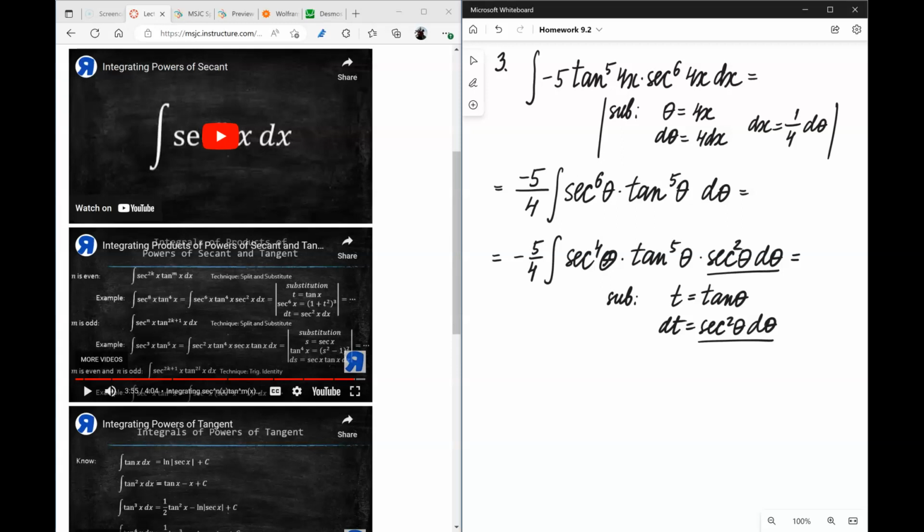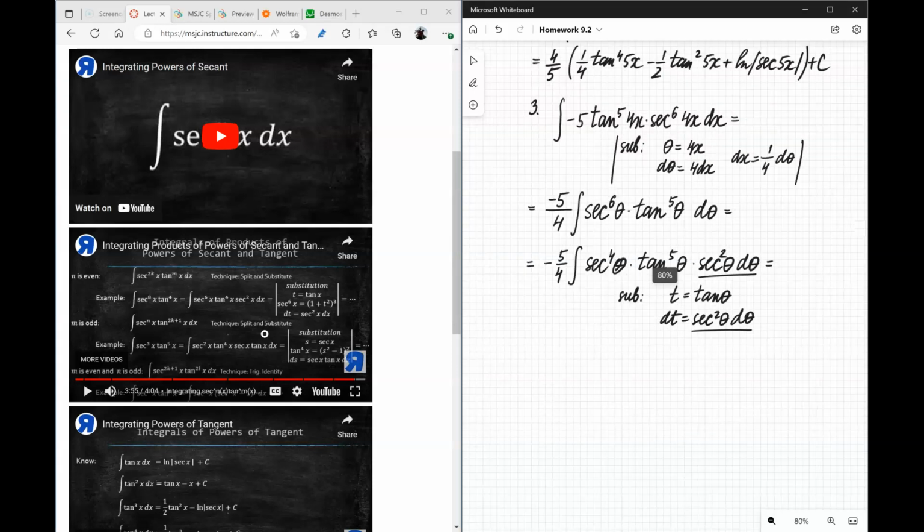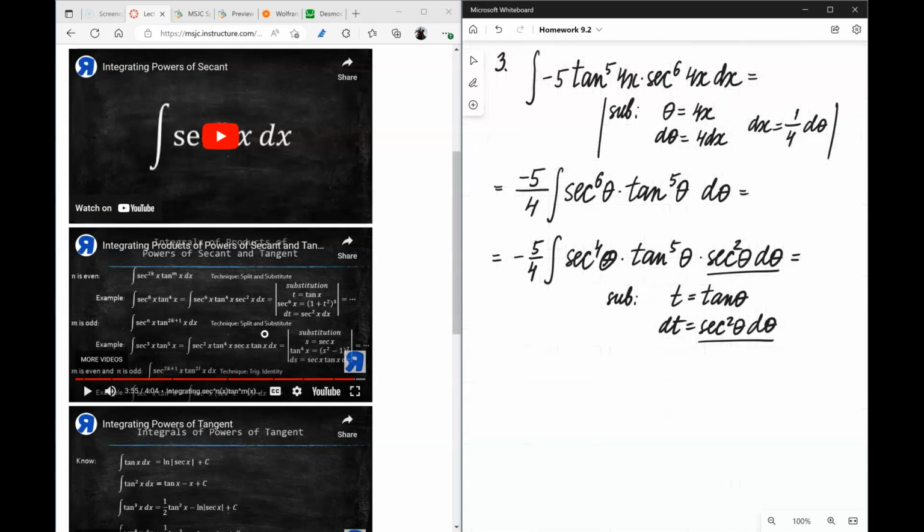And now we just need to rewrite secant to the power of 4 as secant squared squared, so that secant squared theta can be replaced with 1 plus t squared using the Pythagorean identity.